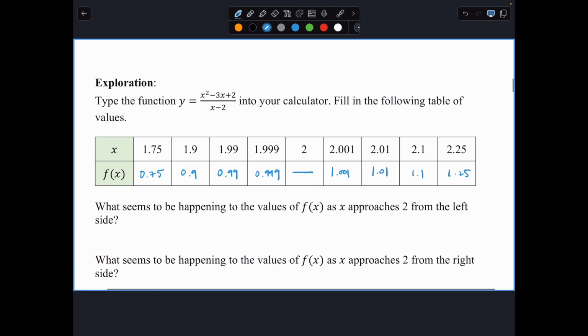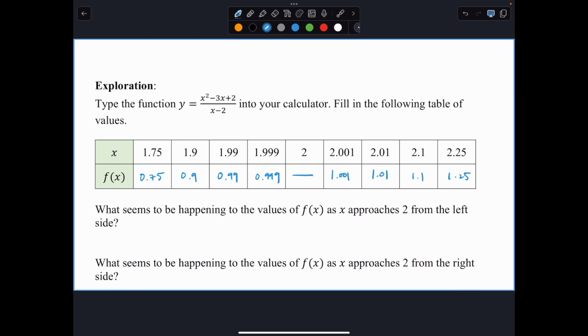Now the first question here asks, what seems to be happening to the values of f of x as x approaches 2 from the left side? Do you guys remember this notation? As x approaches 2 from the left. We talked about this when we talked about vertical asymptotes and the behavior of a function at a vertical asymptote.